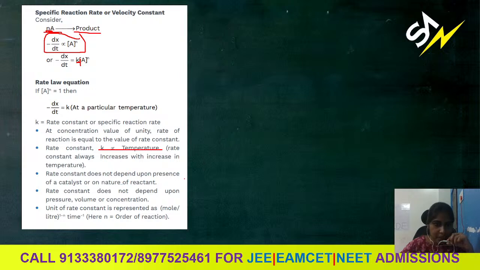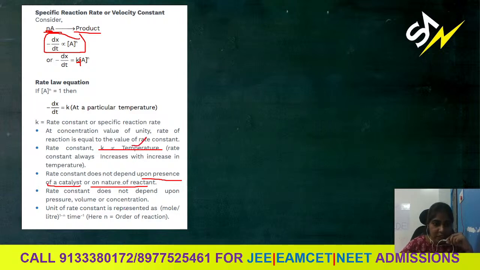The rate constant does not depend upon the presence of a catalyst or any external agent added to it, or on the nature of the reactant. It does not depend upon pressure, volume or concentration. It only depends on temperature.